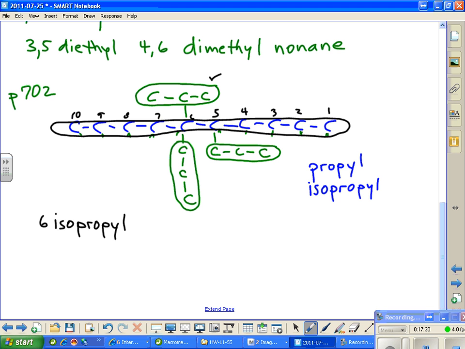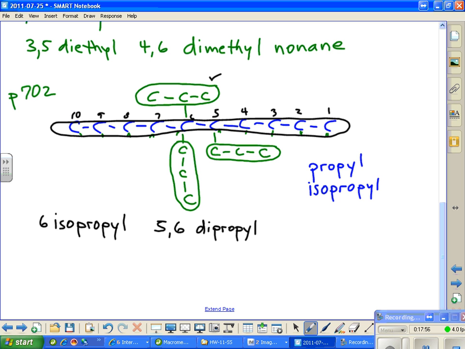Check him off. Now we got to do the other 2. They're on what 2 carbons? 6 and 5. So we do 5, 6, what? Di, good. Dipropyl.